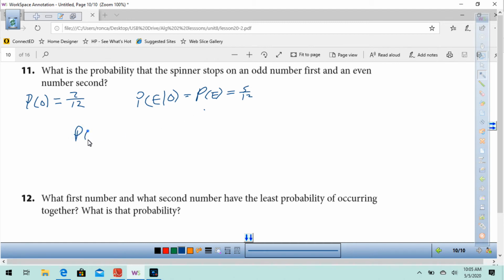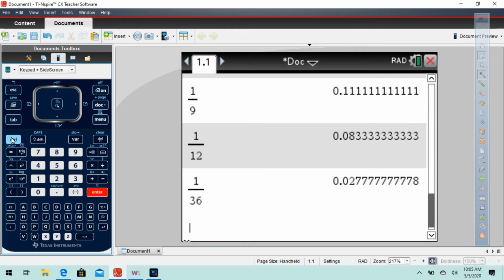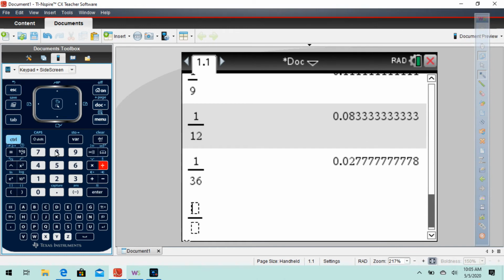So we're going to end up with the probability of an odd times the probability of an even. 7/12 times 5/12.